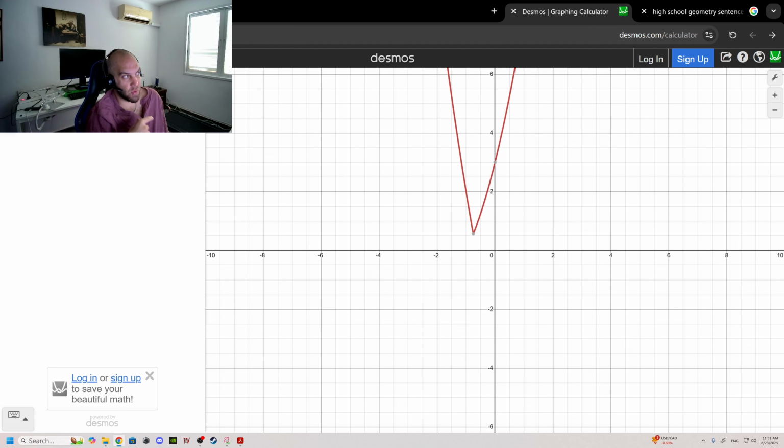What's inside the absolute value for 3 over 4, 3 quarters, minus 3 quarters, the absolute value is going to be 0. You can see it on the screen, the minimum point. And for 0, it will not. It will be positive. So these two terms are either 0, not for the same number, or positive.